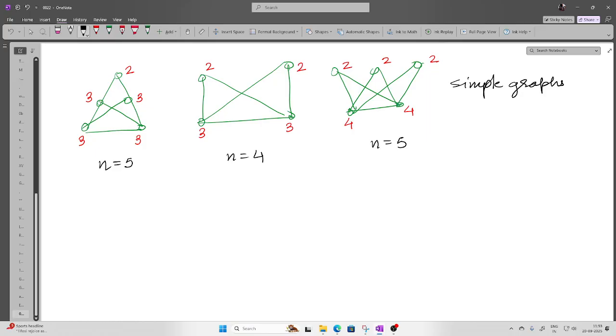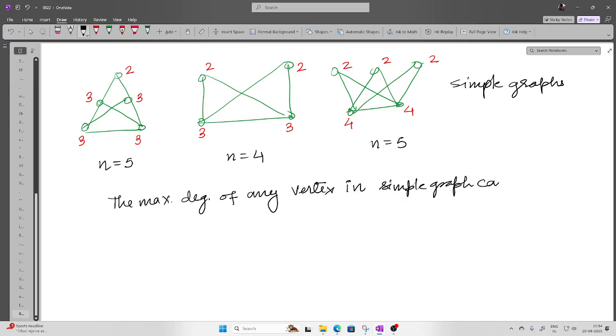Now, one thing which we can observe is that in any simple graph, the maximum degree of any vertex will always be less than or at most equal to the number of vertices minus 1. So, the maximum degree of any vertex in simple graph can be n minus 1.